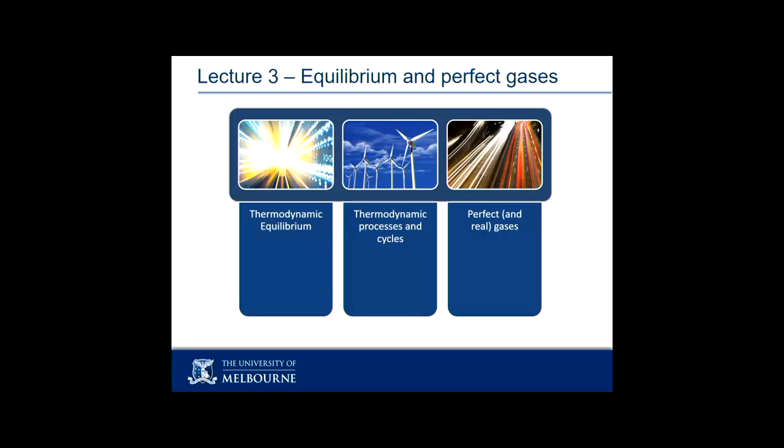Almost all of our problems are split into two worlds. One is where the working fluid is what we refer to as a perfect gas, and the other is where it is not a perfect gas. Again, it seems like an obvious statement, but it obeys different rules, and instead of having a nice neat equation of state for determining the properties, we have tables and need to look up the properties. So our classification of our working fluid sits in those two baskets. We'll go through all of that today.